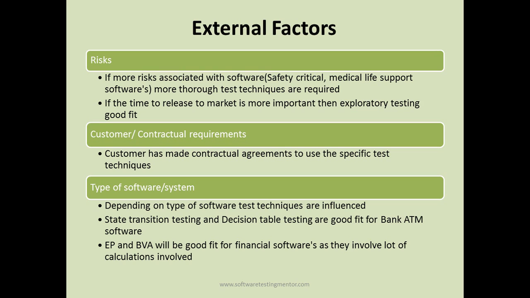But if you are testing financial software of a bank which requires a lot of mathematical calculations, in that case equivalence partitioning and boundary value analysis are the best fit. These techniques will be able to find defects related to any calculations or boundary values in the software. And with the bank ATM, state transition testing will be able to find issues with any of the transitions that happen in the bank ATM software.